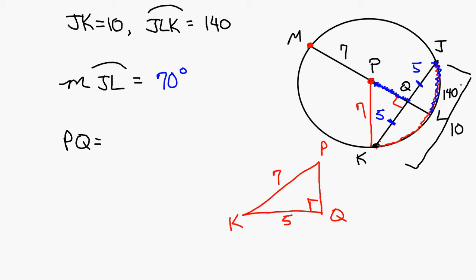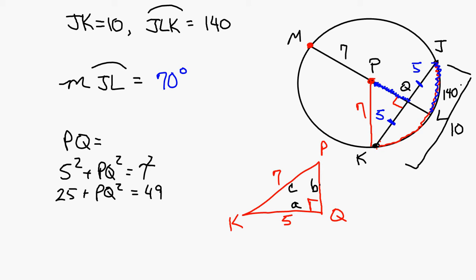Okay? So in a right triangle, if you've got 2 of the sides and you need a third side, you can use the Pythagorean Theorem. So your a squared plus b squared equals c squared. So to find P to Q, you got 5 squared plus PQ squared equals 7 squared. So you get 25 plus PQ squared equals 49.